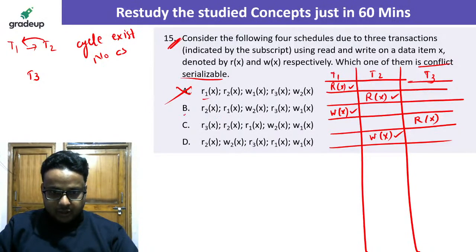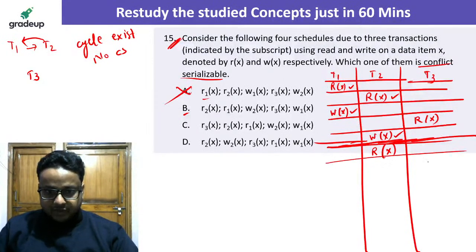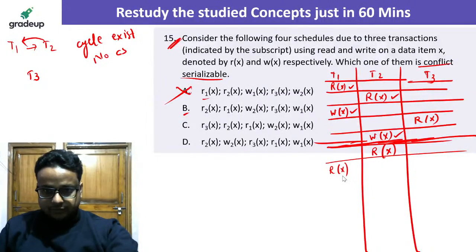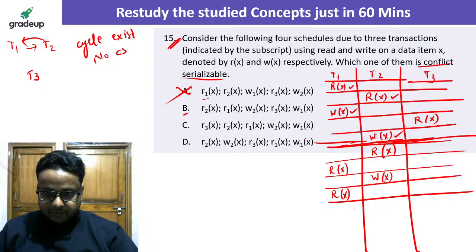Now we'll focus on B. So R2X and then R1X. Now the next, W2X and R3X and then W1X.